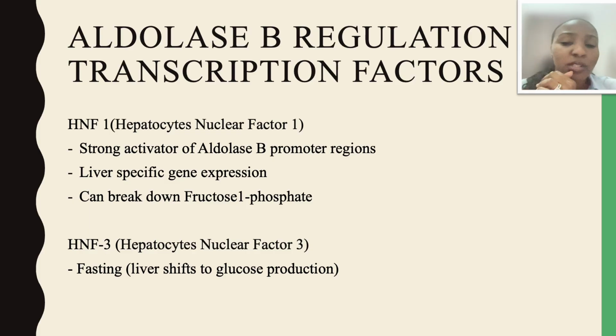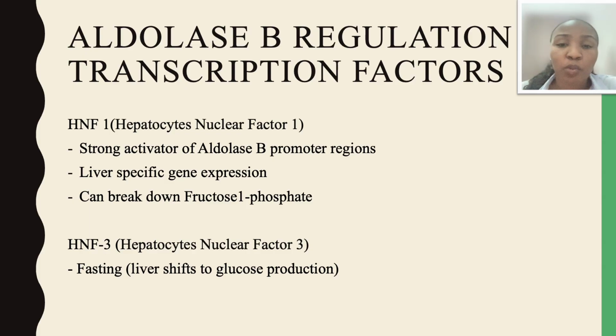Now, when it comes to regulation, we do have some transcription factors that play a role in ensuring that there's enough aldolase B expression during specific times, like fasting times, or even throughout sleeping in. We will cover that throughout the presentation. We have HNF1 and we have HNF3. So HNF1 is a strong activator of aldolase B promoter regions.